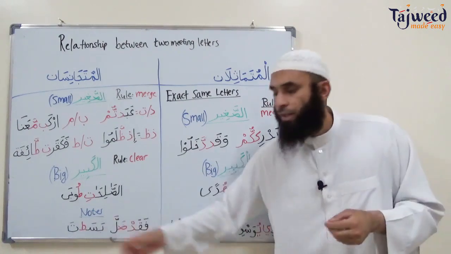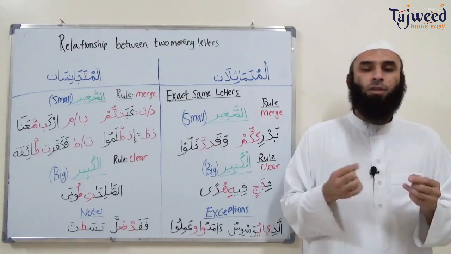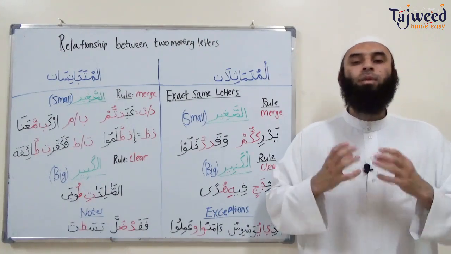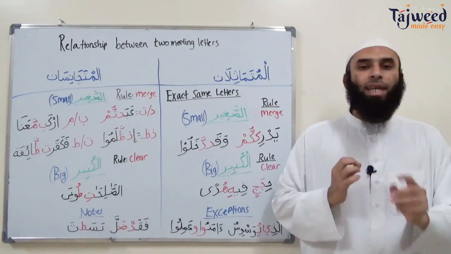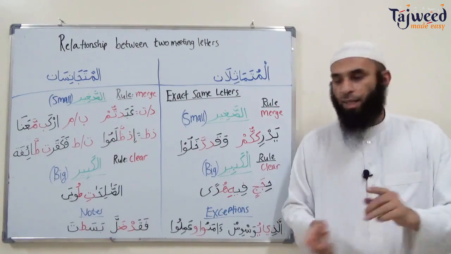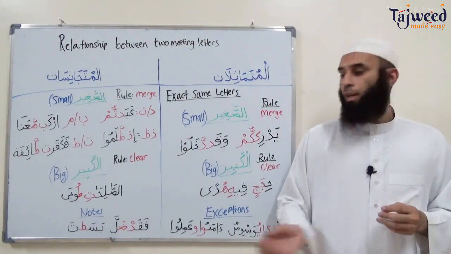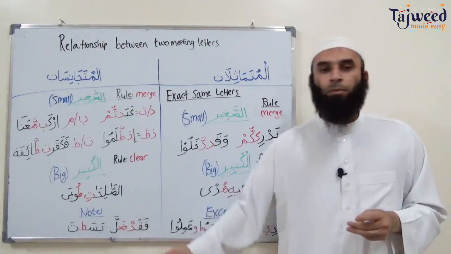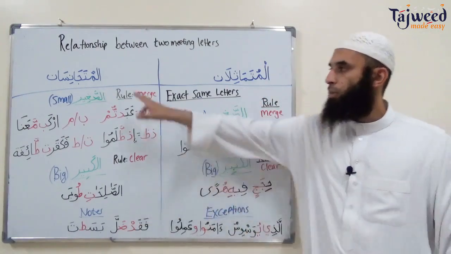So we pronounce the ta with heaviness, then the ta. Because ta is heavy, we don't say basatta, but basalta. That's it. So we have here al-mutamathilan and al-mutajanisan.